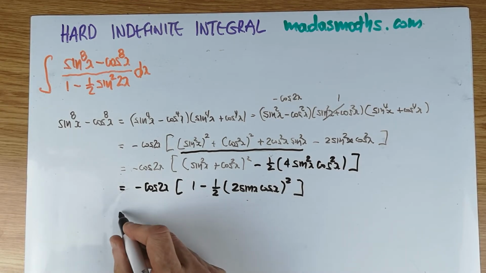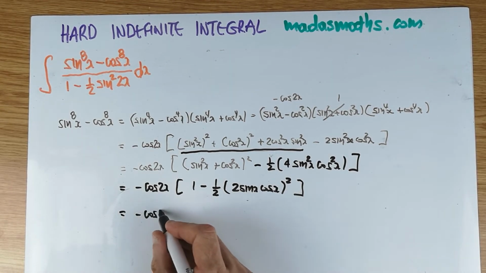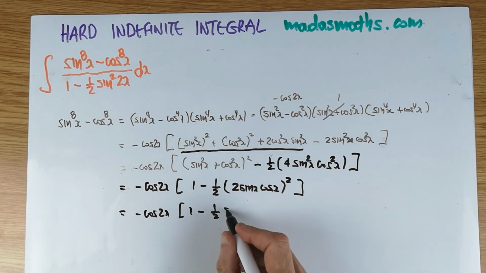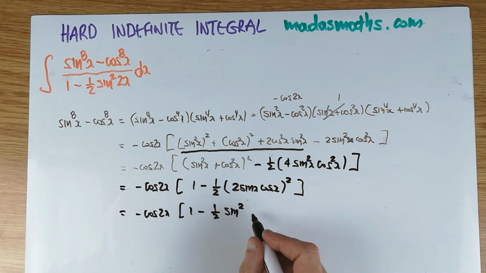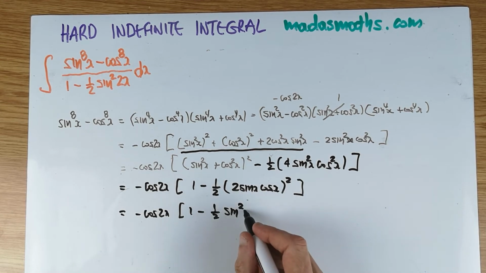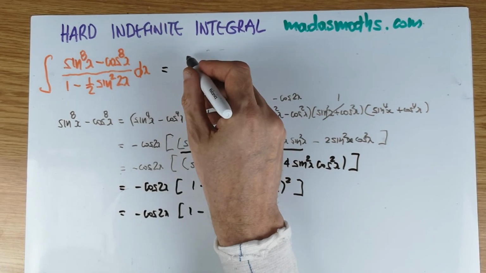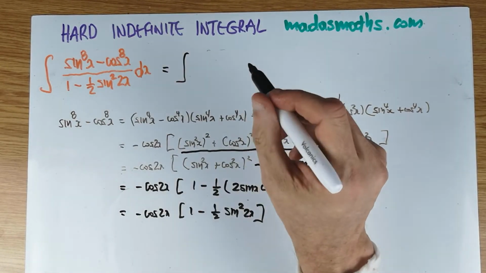And this is going to be minus cos 2x, 1 minus a half, and that is the sine squared of 2x.